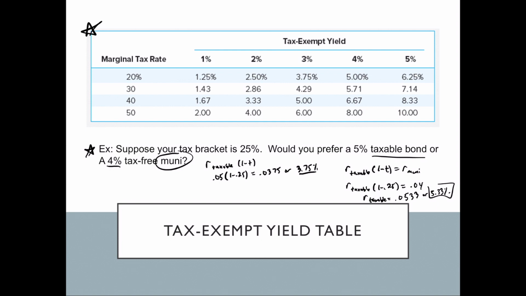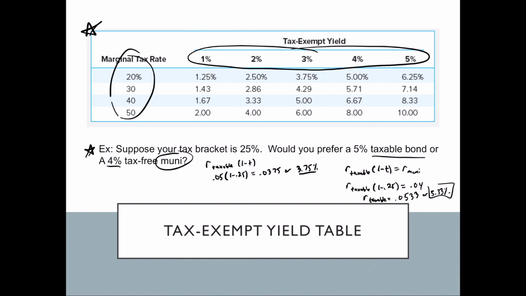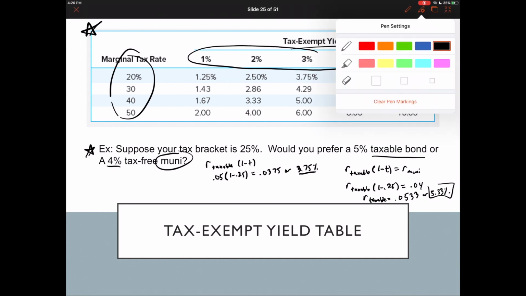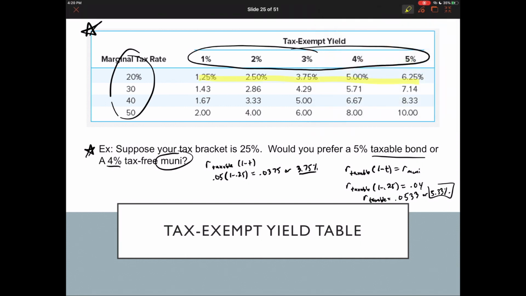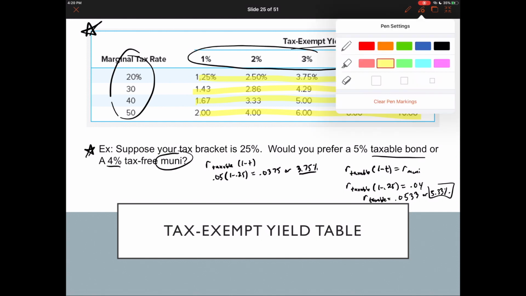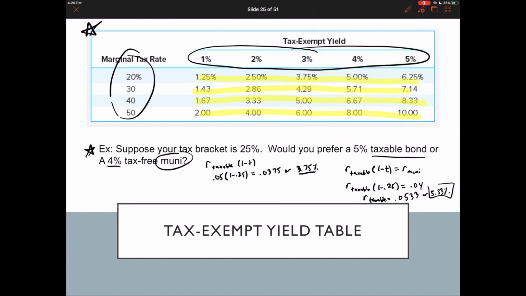So all we did there was calculate this equivalent taxable yield, and that's what this whole chart up here is showcasing. So they have different tax rates, they have different tax-exempt yields, and then these all signify the yields that the taxable bonds must issue in order to be indifferent between taxable and tax-exempt. So, for example, let's just take a look at the chart so we all understand it.